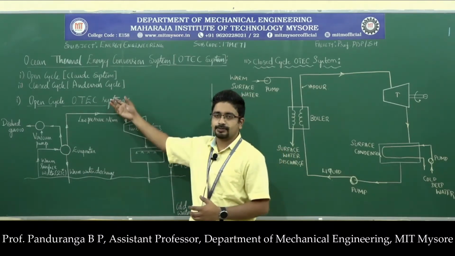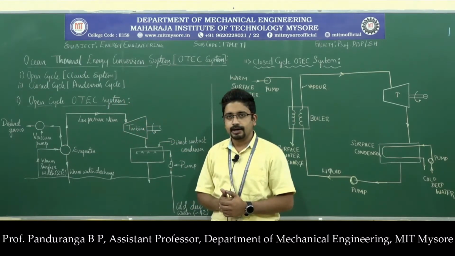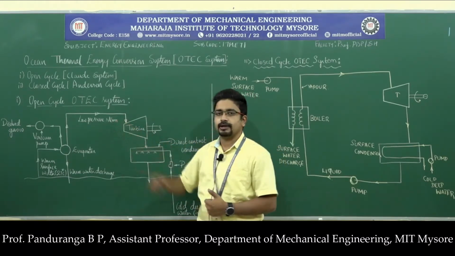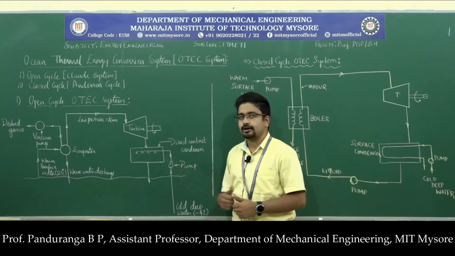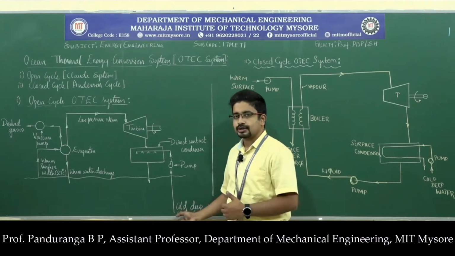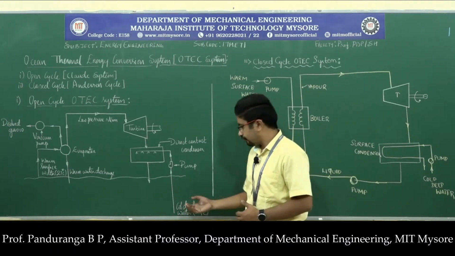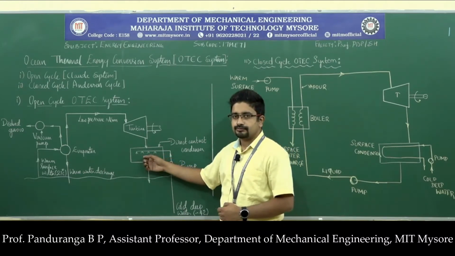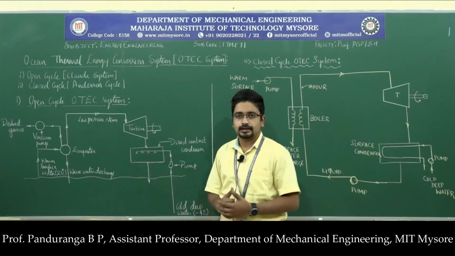If the pressure was above atmospheric pressure, we could have left that to the atmosphere directly, but the pressure at the entrance of the turbine itself is lower than the atmospheric pressure. So we need a direct contact condenser where the cooling water comes from the ocean depths. The cold water from the depths of the ocean at around 4 degrees Celsius enters the condenser, and it is sprayed over the steam coming out of the turbine.